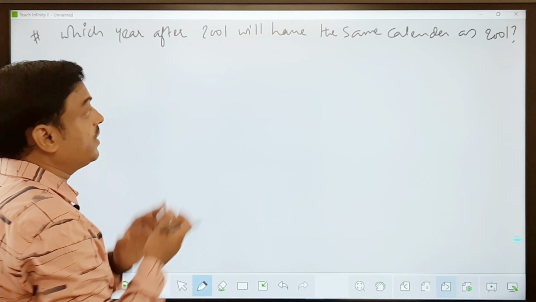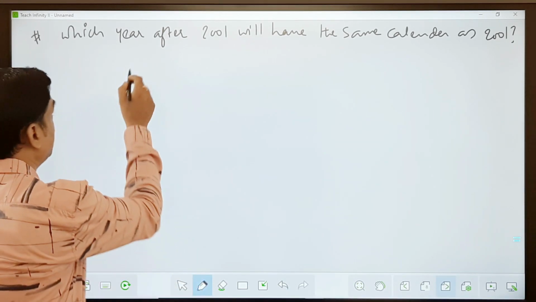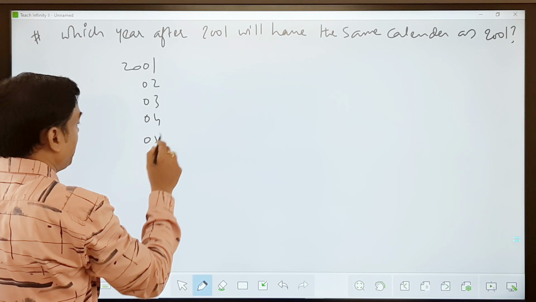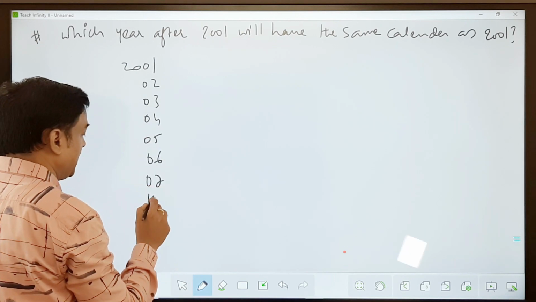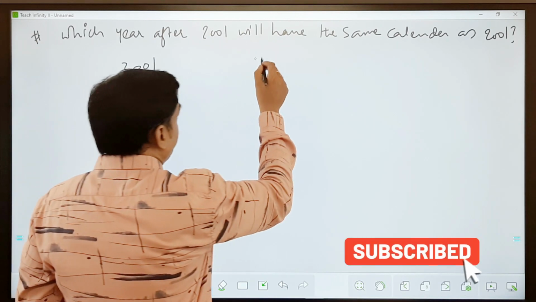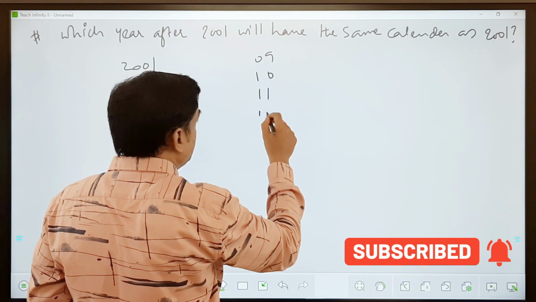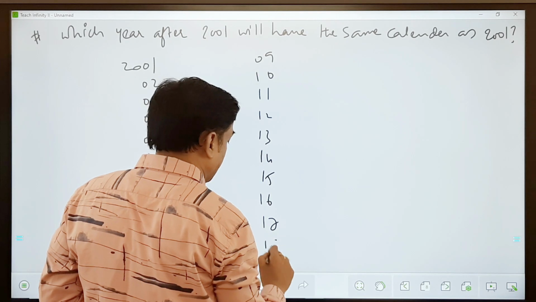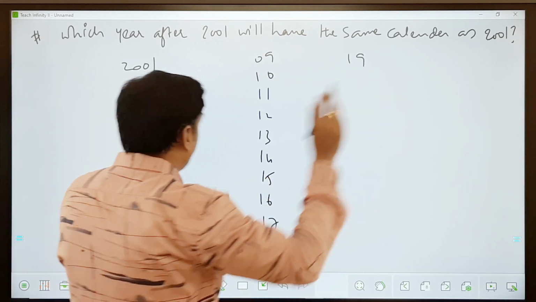And a similar kind of question for a non-leap year also we have: 2001, 2, 3, 4, 5, 6, 7, 8 and so on, my friends. 9, 10, 11, 12, 13, 14, 15, 16, 17, 18, 19 and so on, it goes like that. Okay.